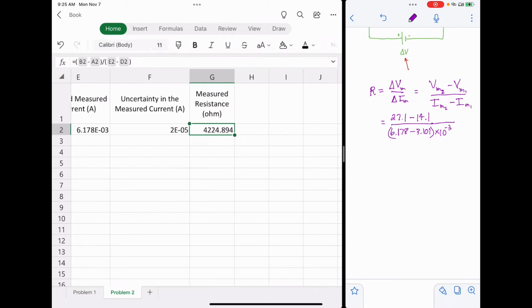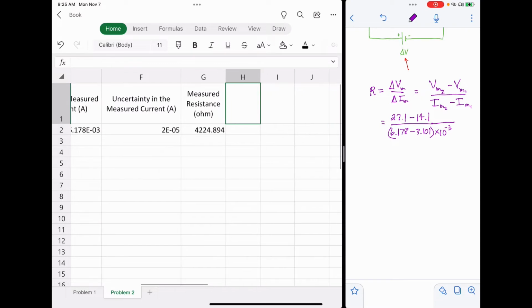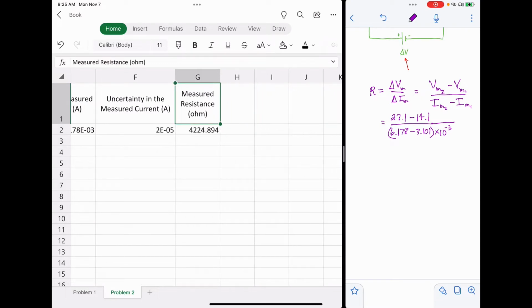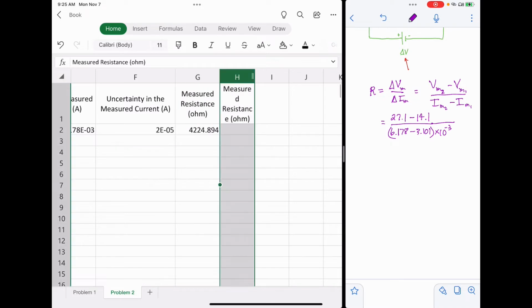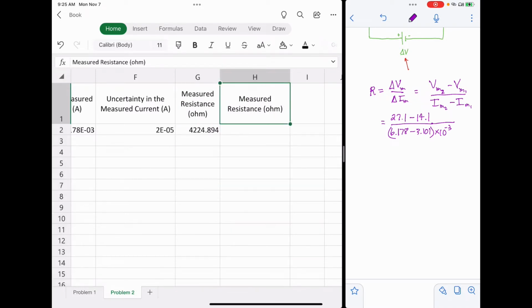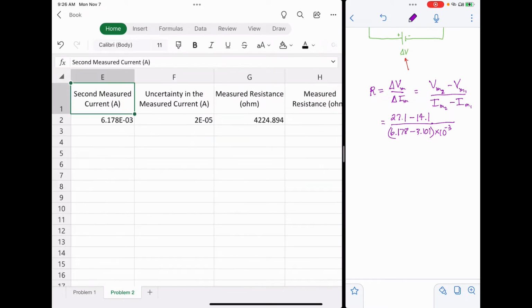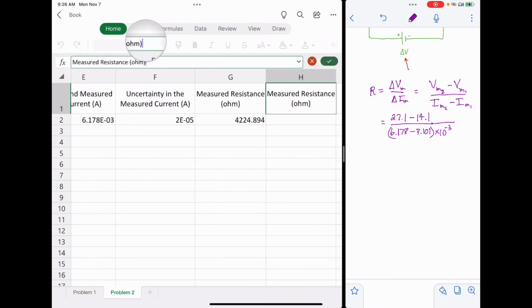And now let's go ahead and do the uncertainty in the resistance, or the uncertainty in the measured resistance. And this is still going to be in ohms. So I'm saying measured, I'm just writing, I fill that over.